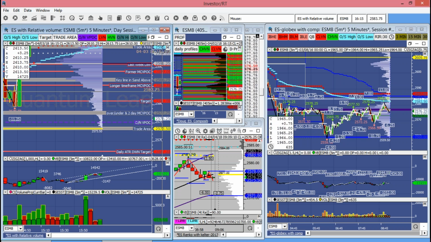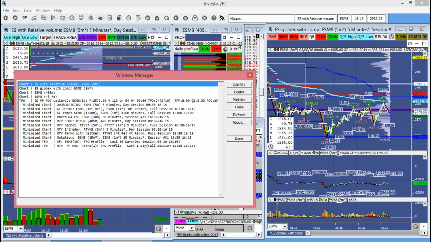So just be careful on both sides. Try to take chunks and don't get stubborn. I think it's going to be very hard to hold for any long period of time today unless you catch a really good entry and you can sit through 5 to 10 point rotations going against the position. So that's ES.